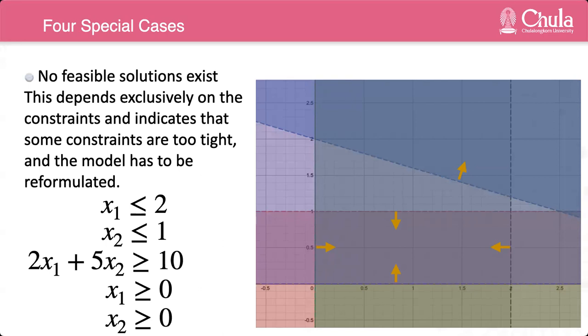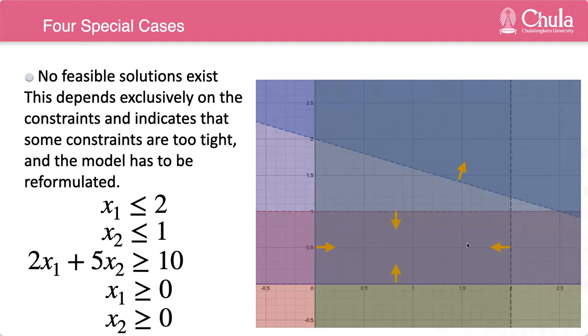Where is the first constraint? x1 less than or equal to, here, right? Yes, this one. And because it's less than, it should be to the left.